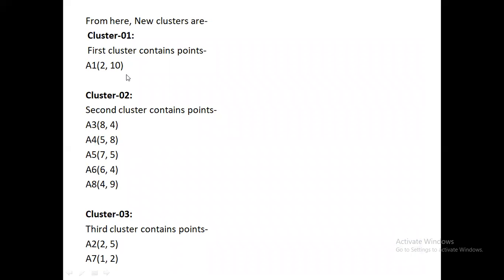So after the first iteration, the first cluster contains point A1, the second cluster contains points A3, A4, A5, A6 and A8, and cluster 3 contains 2 points, A2 and A7, right?